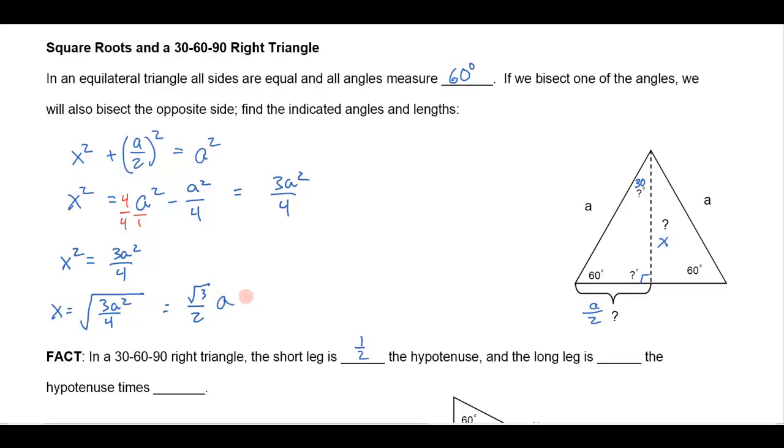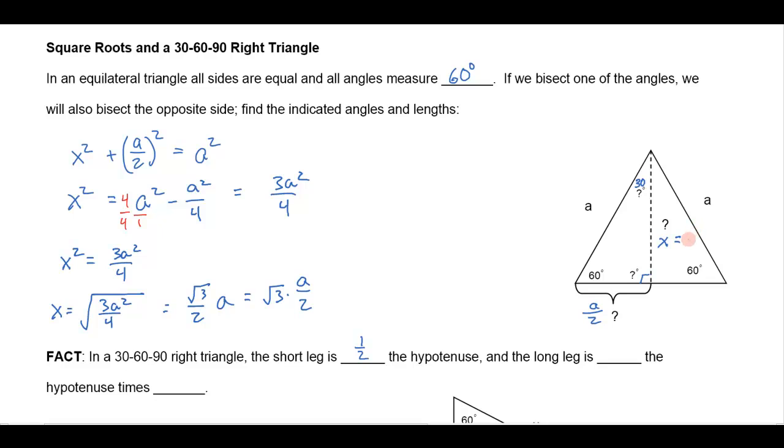Alright, so notice I can also write that this way. I could write that as the square root of 3 times A over 2. Alright, notice that A over 2, that's this side right here. So this longer side is going to equal exactly the shorter side times the square root of 3. See, here's the shorter side, here's the square root of 3.